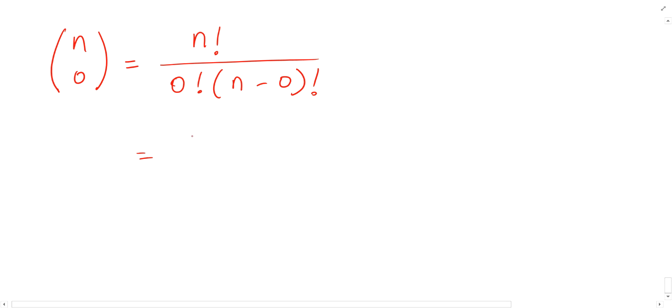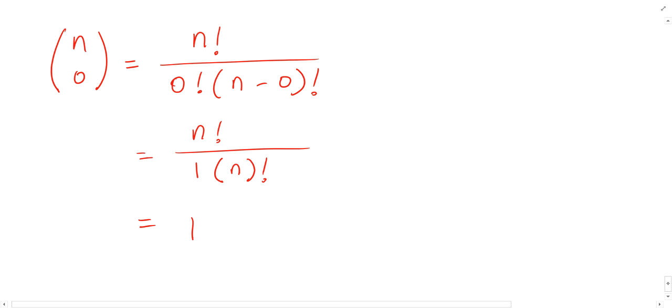The numerator n factorial is n times n minus 1, n minus 2, and so on. Divided by 0 factorial, which is 1, multiplied by n minus 0, which is n factorial. So this gives me n factorial divided by n factorial, which is 1.